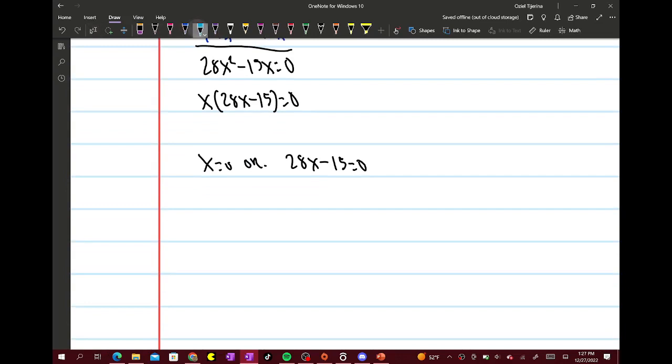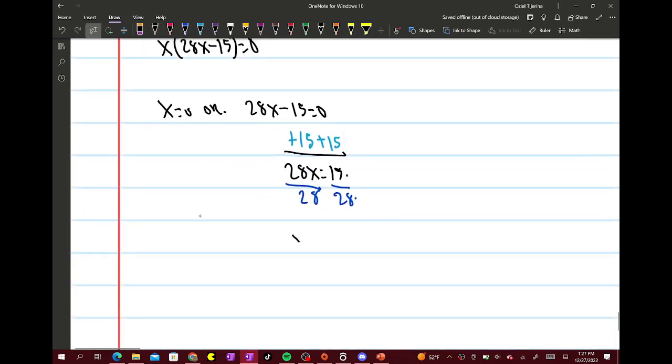And so then you would add 15 to both sides, and you would say 28x equals 15, and then finally divide both sides by 28, and then you would get x equals 15 over 28.